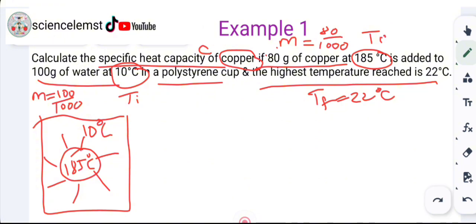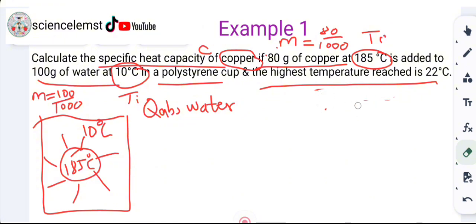So I know that Q absorbed is going to be for the water. And I know that the Q lost is going to be for the copper.